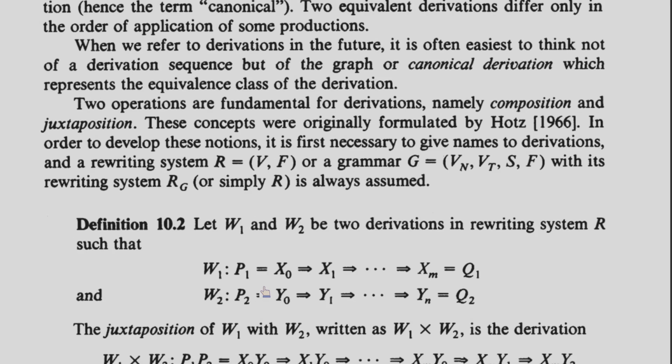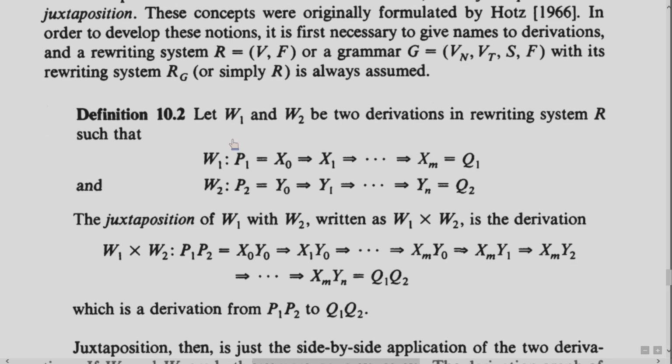We can apply various operations on the derivations, among which composition and juxtaposition are the two major operations. We take them up one by one. First of all, the first definition: let W1 and W2 be two derivations.